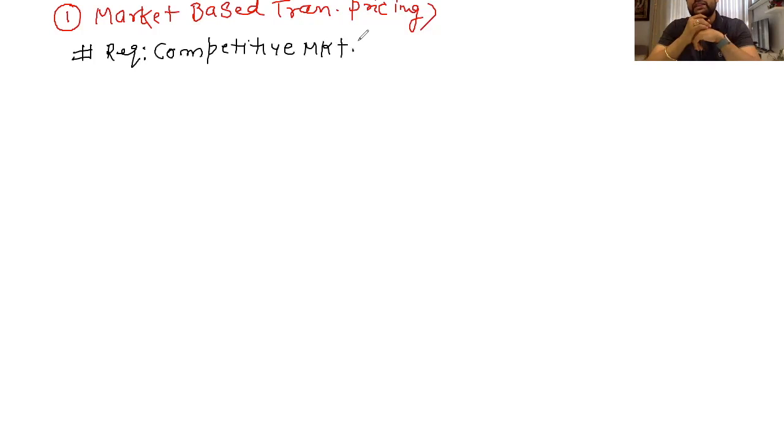Competitive markets means the market in which a single buyer or seller does not influence the price of the particular product. A single person will not have a significant impact over the price of the product. That's the meaning of competitive markets, right?